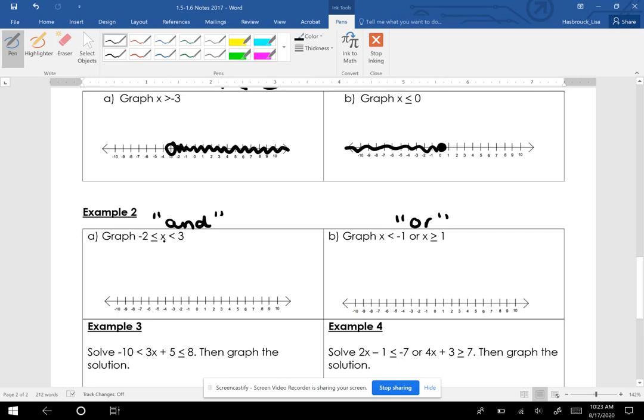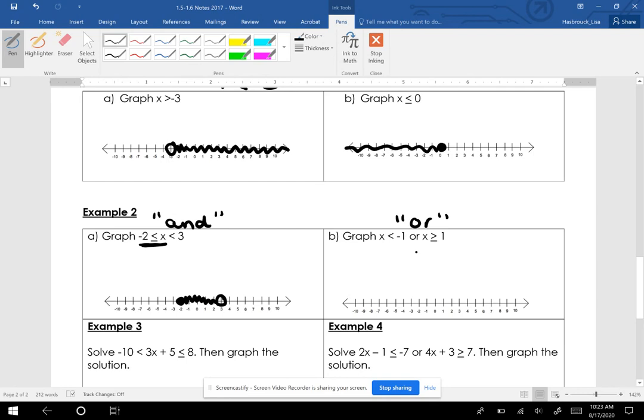So here, first we have the x value is related to negative 2, and it's greater than or equal to. So that means I put a colored in dot at negative 2. For the other one, it's an open dot at 3. And we have a sandwich here. Notice the x is sandwiched between the two numbers, so we make a sandwich with our dots. So our values for x are between 3 and negative 2.